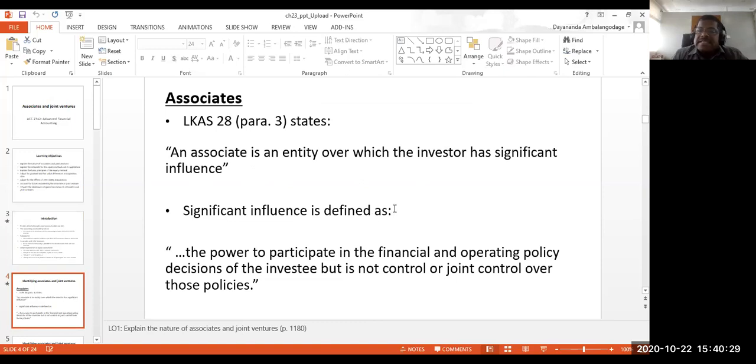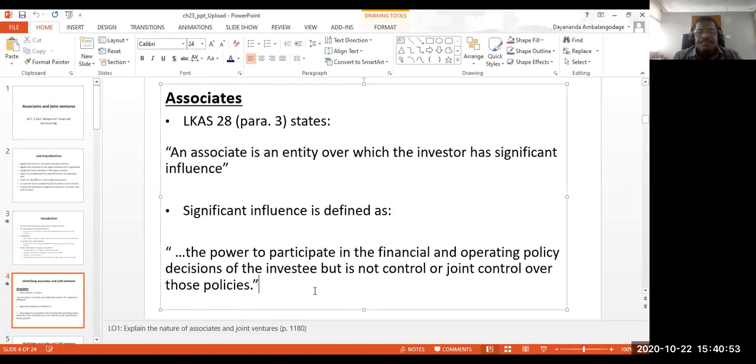Significant influence is the power to participate in the financial and operating policy decisions of the investee, but it is not control or joint control over those policies. When you look at associates, no control, no joint control story is coming. Only the power to participate in financial and operating policy decisions is the matter.